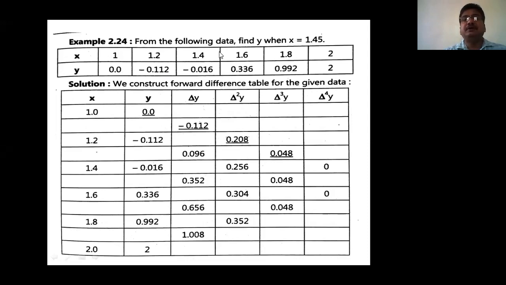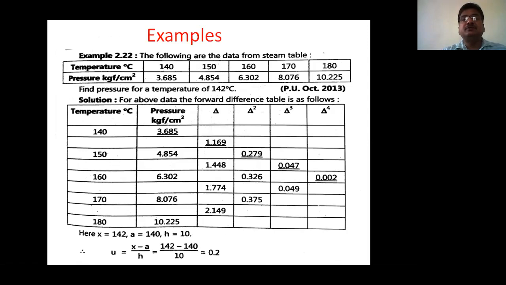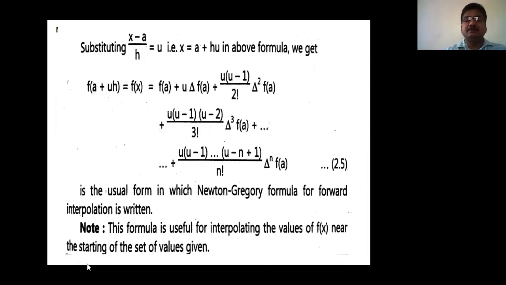So 1.45 lies between 1.4 and 1.6. That is, this value is in the middle of the table, and that's why we can use Newton's forward interpolation formula as well as Newton's backward interpolation formula. Note that the forward formula is useful for interpolating the value of f(x) near the starting of the set of values.